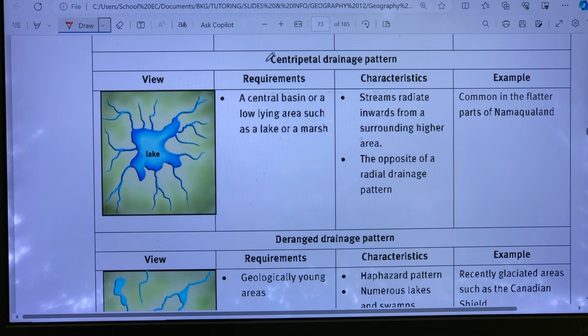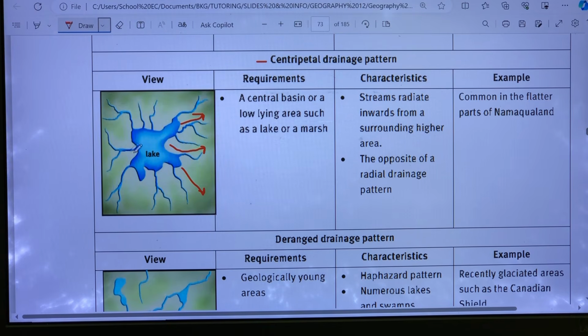All right, let's move down. Let's discuss the centripetal drainage pattern, which I already told you about when we were discussing the radial pattern, so that you don't confuse the two. Look, this is a high-lying area on the sides of this lake. We have a lake inwards, and outwards we have high-lying areas.